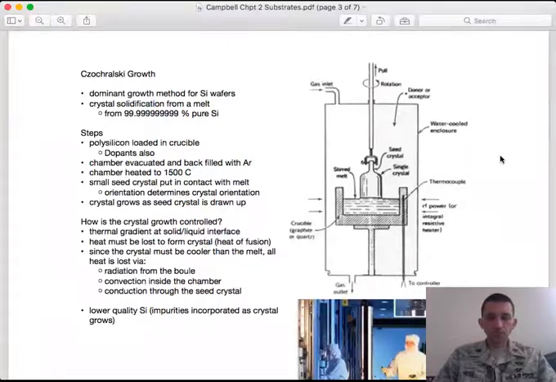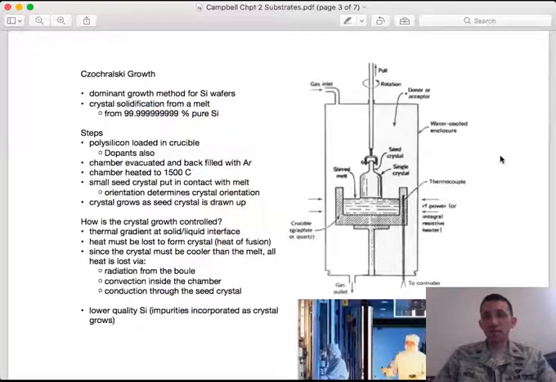And since we are basically looking for the opposite result, we're going to need a much different method of creating these materials. The main method for making silicon single crystal material is called, now I might butcher this pronunciation because I've never really heard anyone tell me the proper way, but I usually say Trikalski.